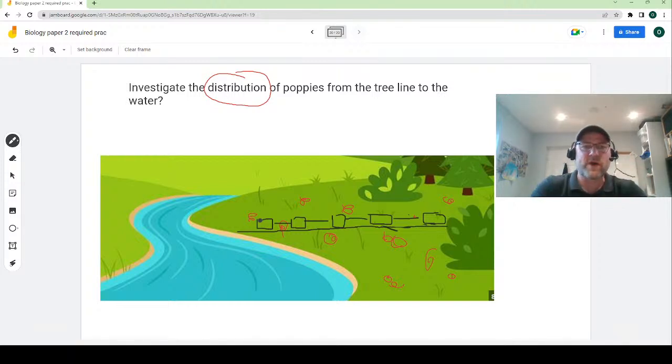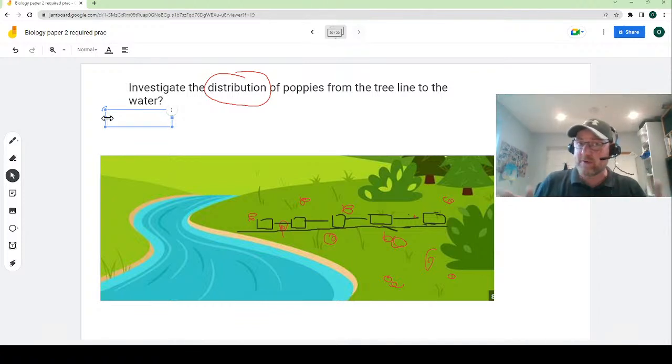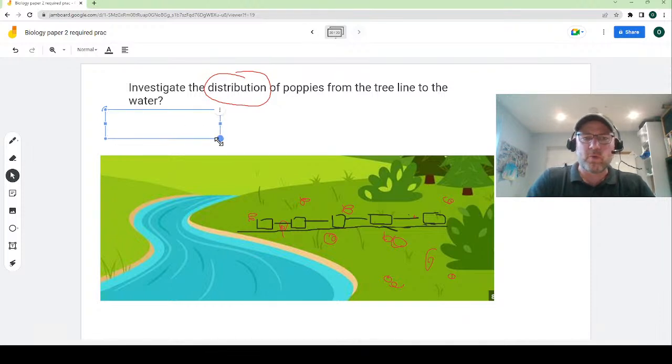But to do the actual practical, you need to be able to write it up like this. Population would just be how many. So if they say how many are in the field, that's population. Distribution is like you're just trying to find out, do more grow in this particular location. But sometimes either works.